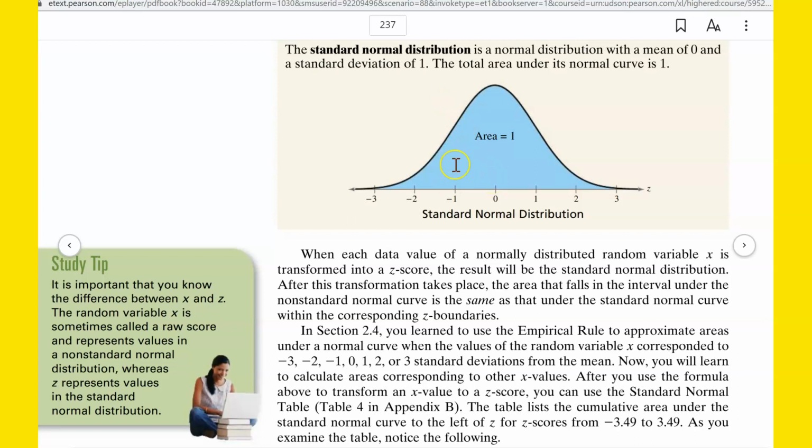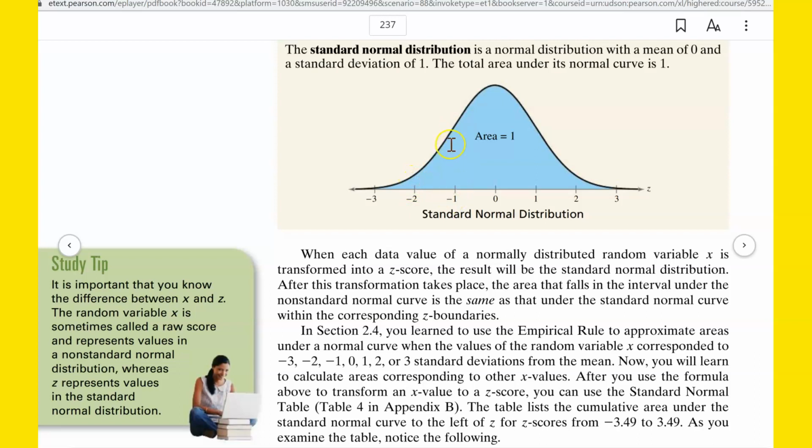if I'm at -1, the cumulative area would be all of the area from -infinity all the way to -1. So the area up to there would be all of the blue area to the left of -1. Notice if you're down here at -3, there's almost no cumulative area yet to the left of -3. There's a little bit, but not much. At -2, there's a little bit more, but still not a lot.